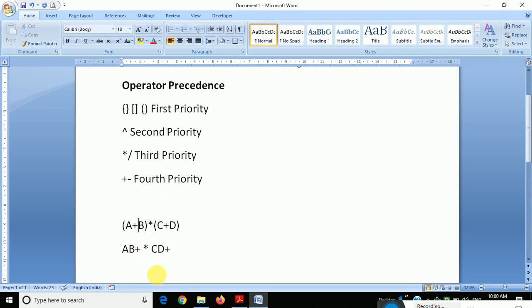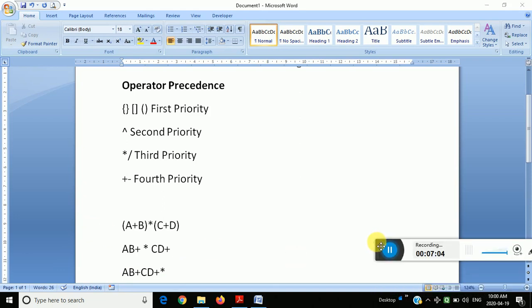After that, to make this postfix, first AB plus, CD plus, then star. The star comes to the end, that is the postfix. I hope you understood about this postfix.